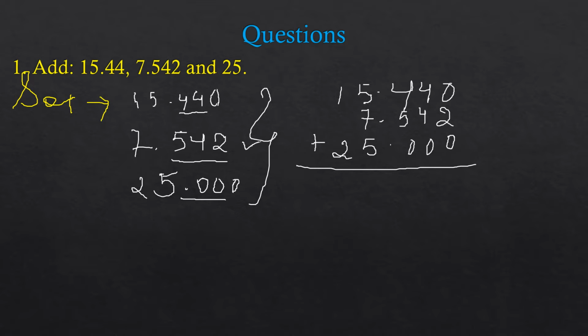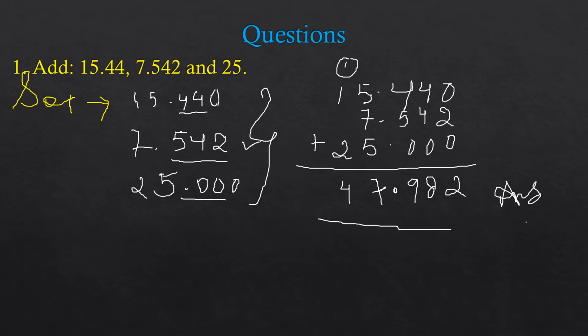So 0 plus 2 plus 0 gives us 2, 4 plus 4 gives us 8, 5 plus 4 gives us 9, and we place the decimal point here. 5 plus 5 is 10, plus 7 gives us 17, and here we have 1 as carry. 2 plus 1 is 3, plus 1 is 4. So 47.982 is the answer for this question.